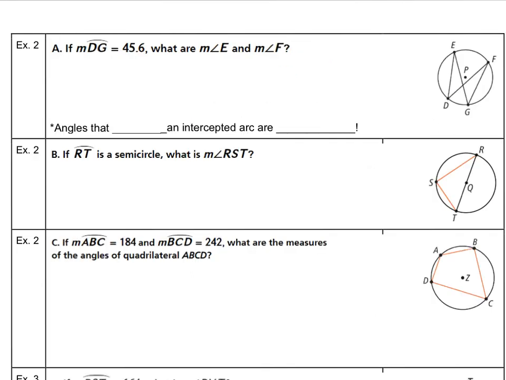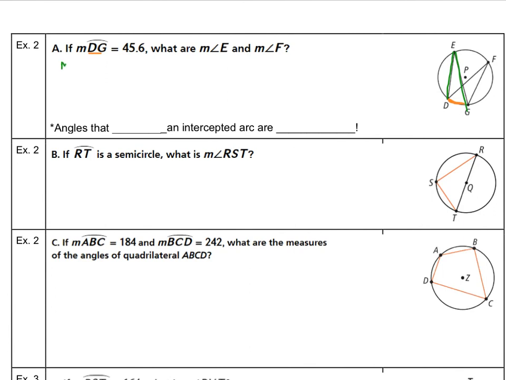Flipping it over to the next page, we have example 2. 2a asks if the measure of arc DG is 45.6, what are the measures of angles E and F? Well, if we look at this setup, we have an arc right here, DG, over on the right, that's just that measure on the circle. It's 45.6 degrees. The measure of angle E, if we connect from chord to chord, so D up to E over to G, angle E is an inscribed angle.